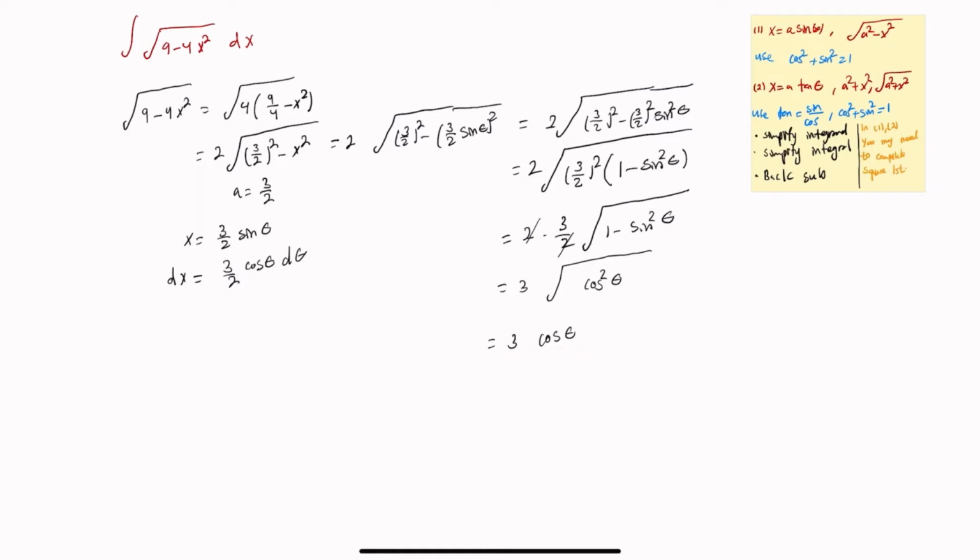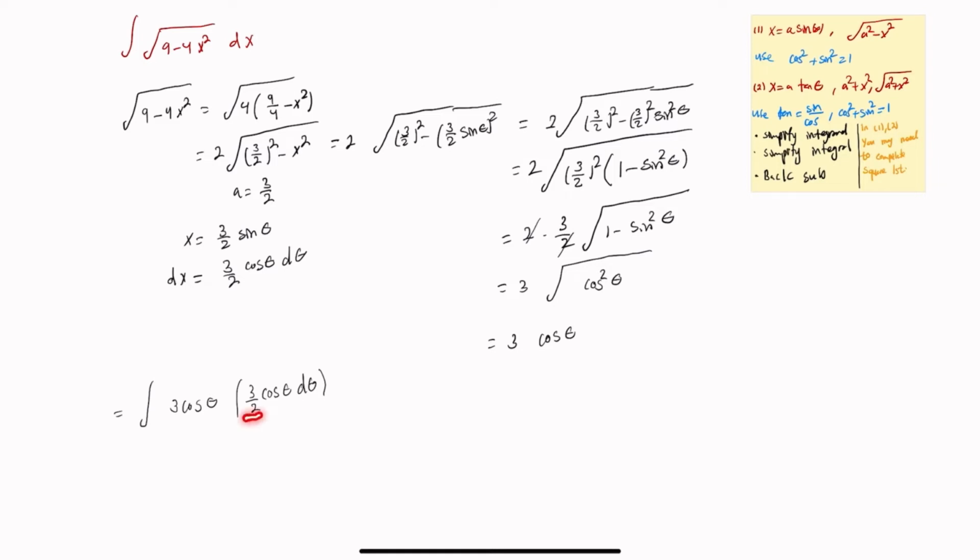Now, let's plug this back into the integral. So the integral is going to be equal to 3 cosine of theta, and notice that dx is going to be equal to 3 over 2 cosine of theta d theta. Now we can simplify this more.